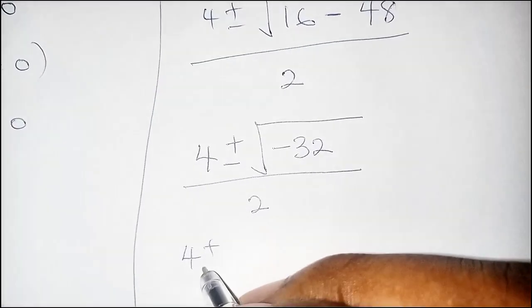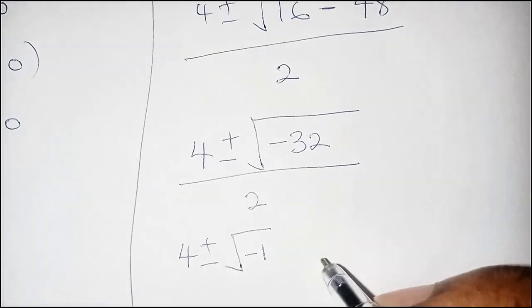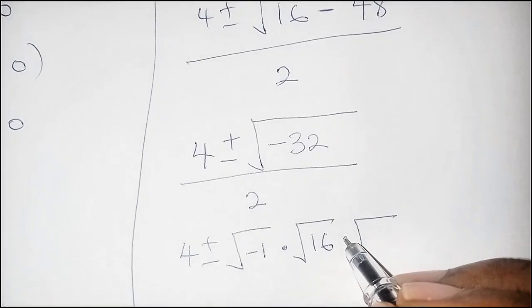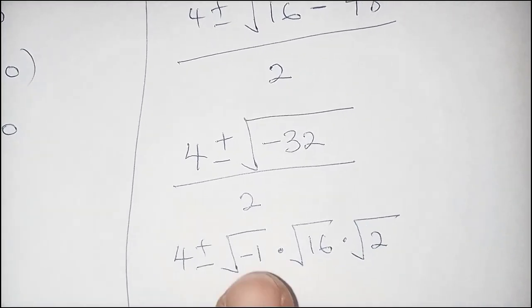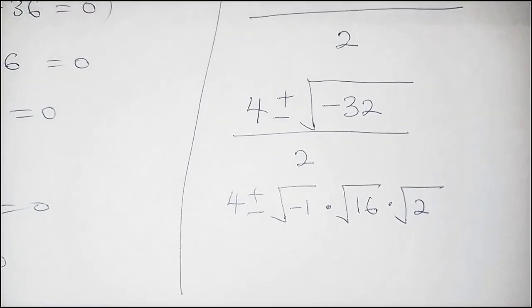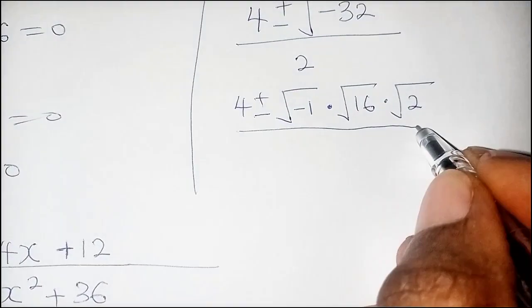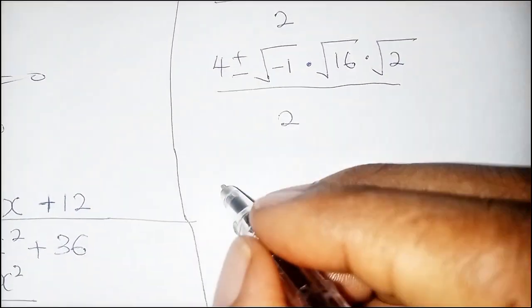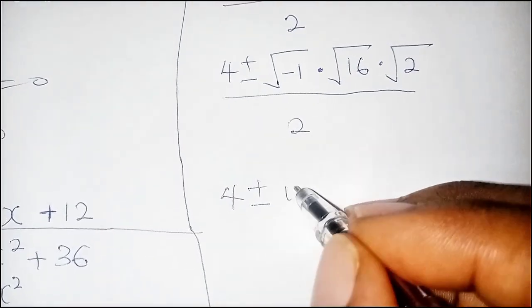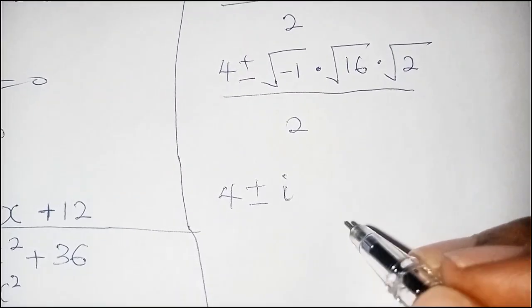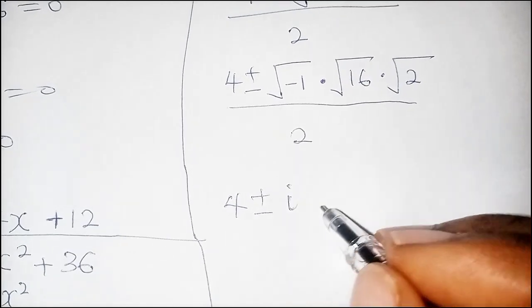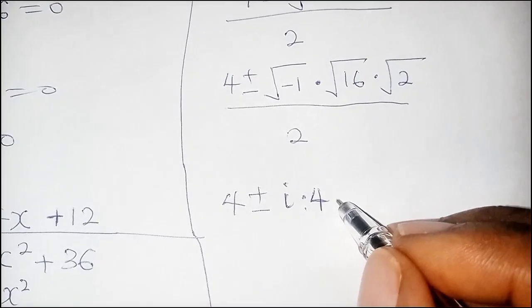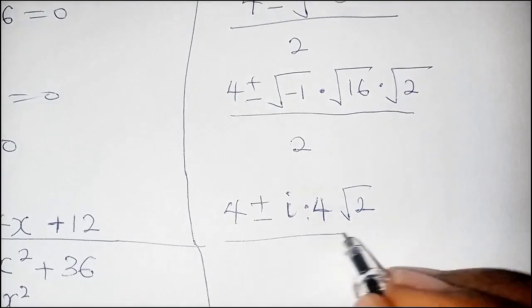So this is 4 plus or minus 4 root 2, and with the imaginary number, this will give us 4 root 2i all over 2.